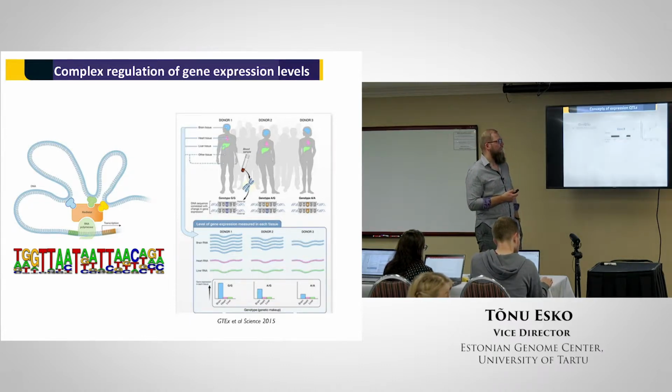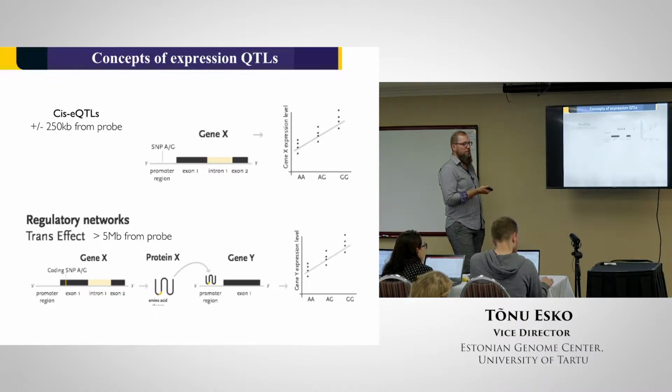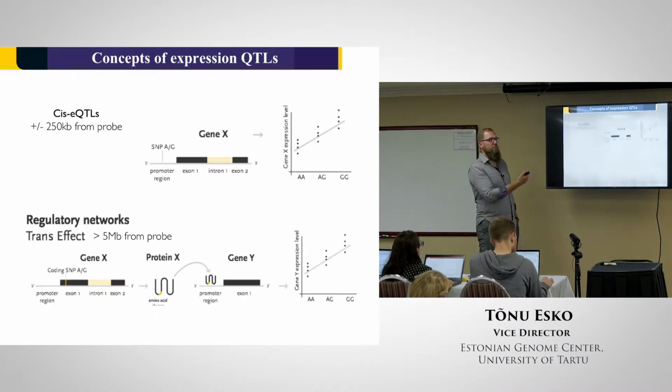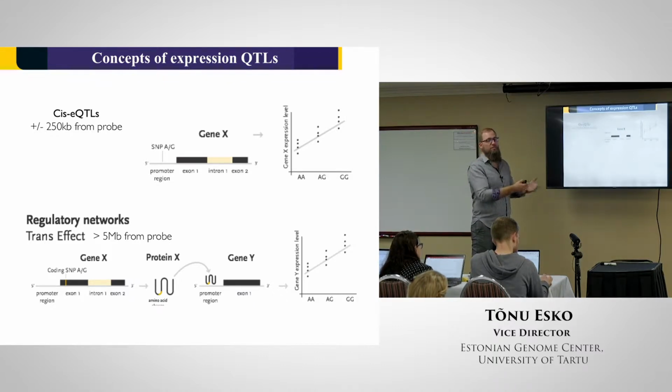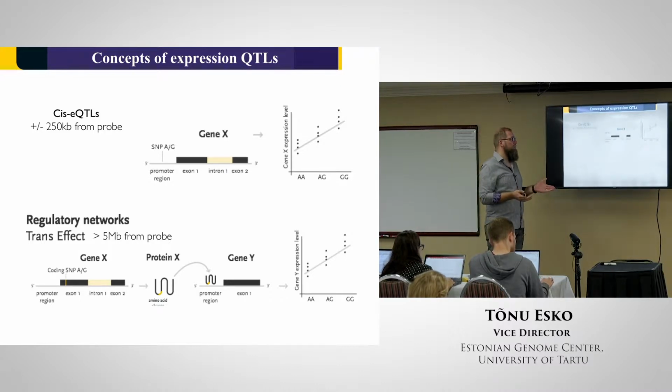Okay. One way to find those, if, for example, your genome-wide association region is indicating some kind of binding sequence, is expression QTL mapping.